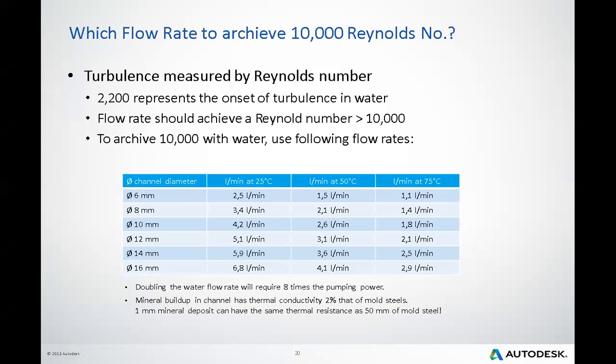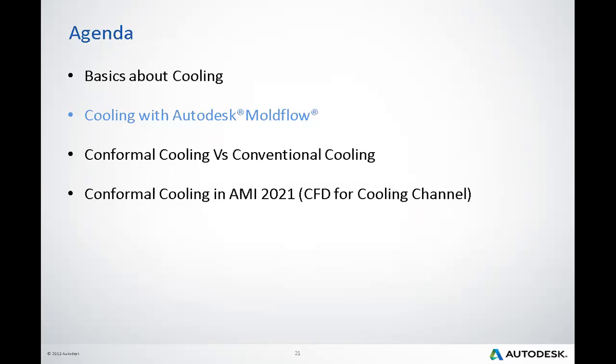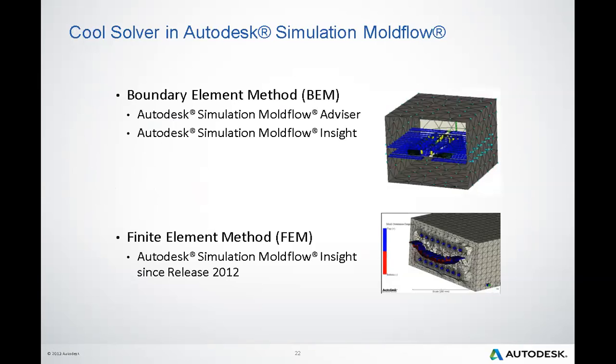To get rid of all this complexity, we go into Moldflow, where we can calculate all of this more easily. The cool solver in Autodesk Moldflow can be separated into BEM and FEM. BEM is available in Advisor and Insight, but FEM can be done only in Insight, since release 2012.